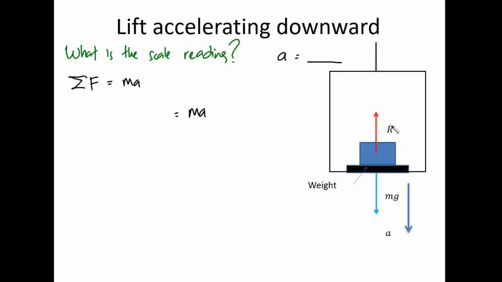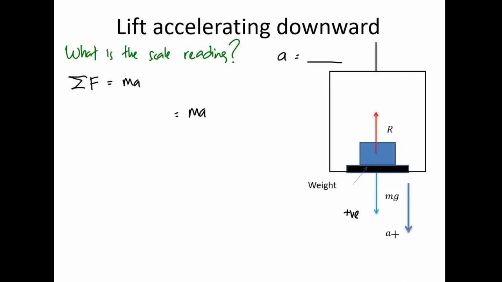And now we want to consider all the forces acting on the object, R and our weight. Now here is the tricky part. Because the motion is downward, the same direction as our weight, we consider our weight as positive, not to be confused with the previous situation. It's actually the same thing.